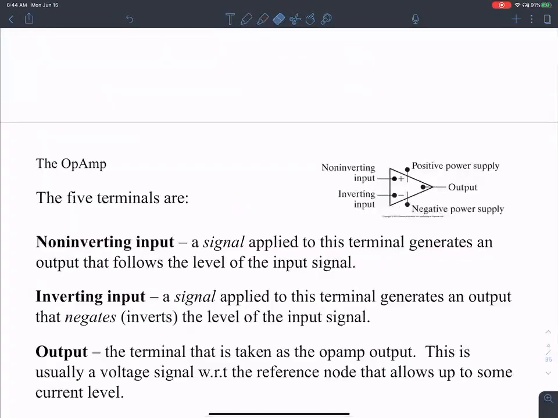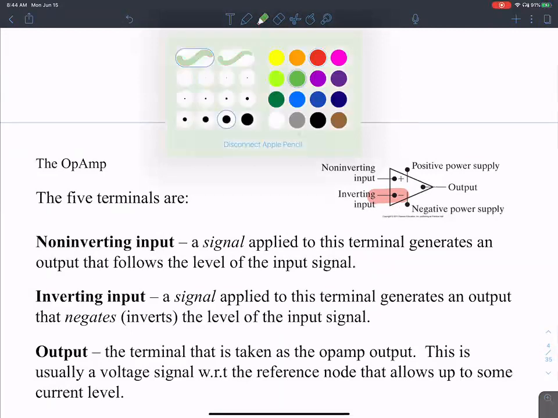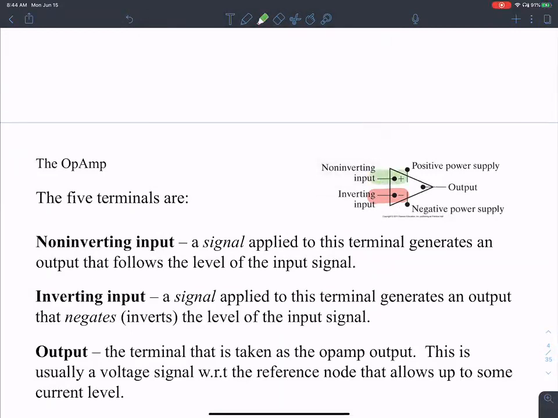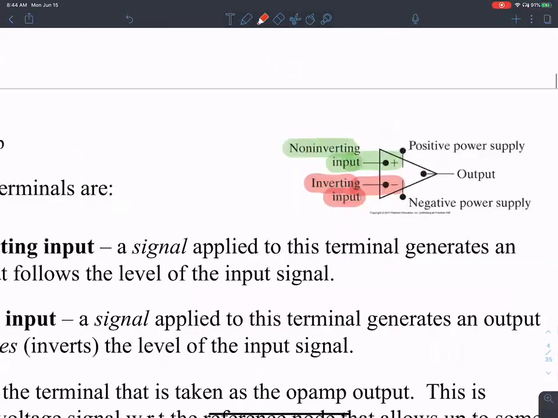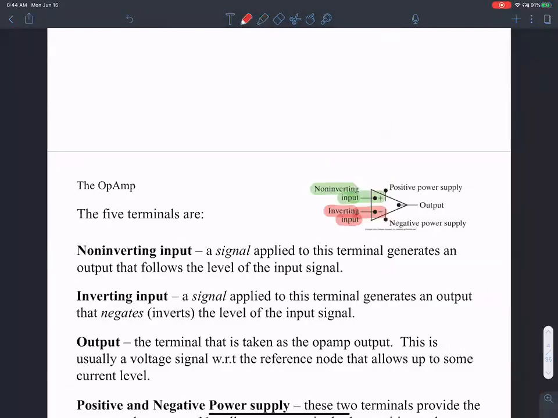So we can even name these inputs. The input connected to the negative terminal is called the inverting input. The input connected to the positive terminal is called the non-inverting input. The reason is simple.